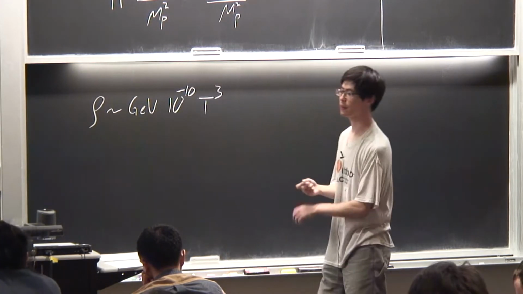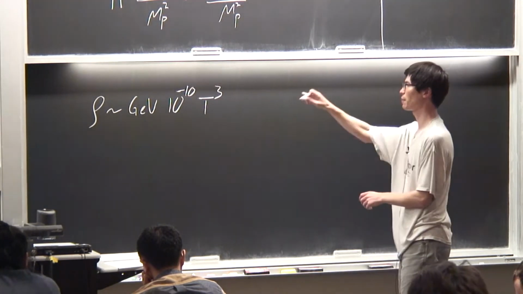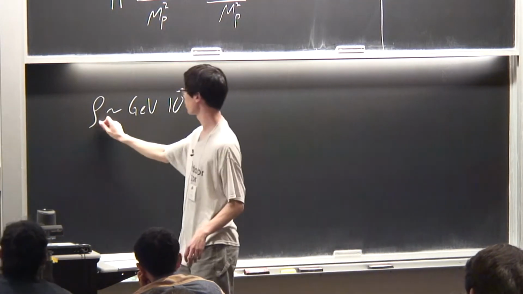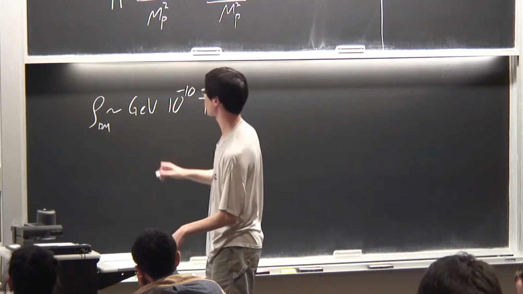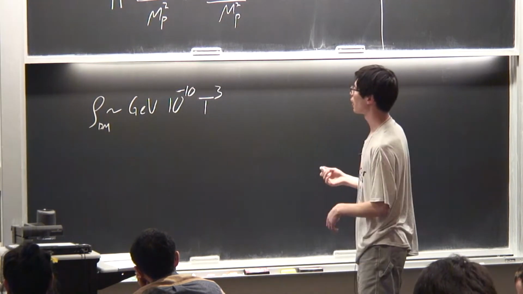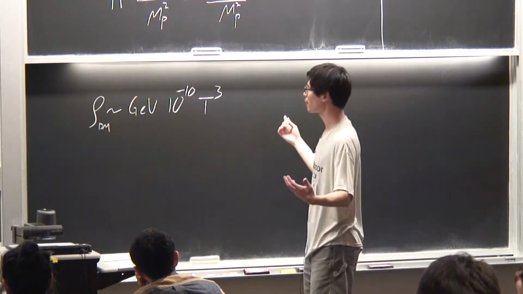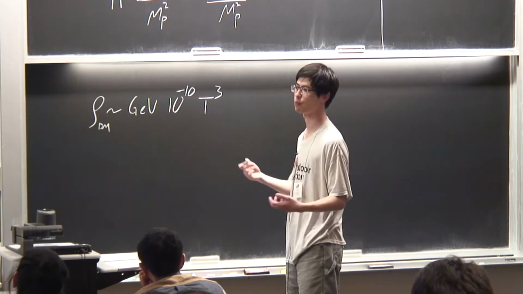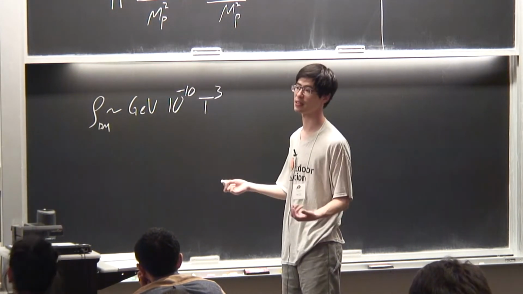There are several ways to get to this equation, to get rho dark matter, as long as dark matter is non-relativistic. What I remember is basically that the abundance of baryons is 10 to the minus 10.